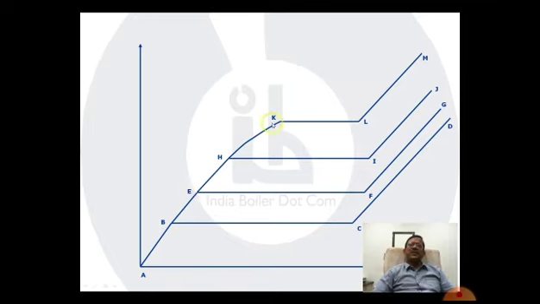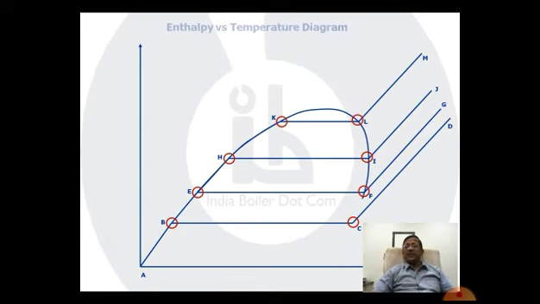Similarly, E, H, K are 100% water molecules, and L, I, F are 100% steam molecules. These points we call the saturation points on the water line, and these points we call the saturation points on the steam line. If we join the saturation points on the water line and steam line, what we get is what we call the temperature enthalpy diagram, right?